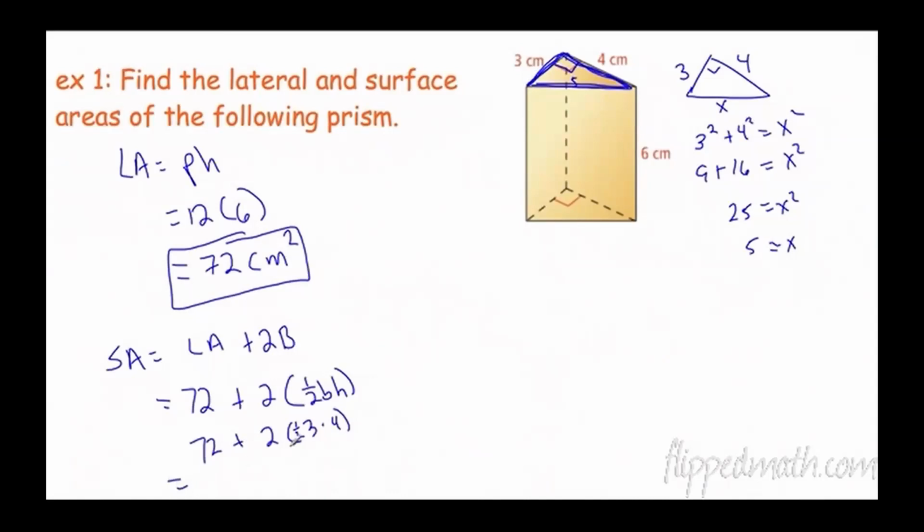Okay, the nice thing about this, 2 times 1/2, that's just gone. 3 times 4 is 12. 72 plus 12 is 84 centimeters squared. All right, so now we have found the lateral area and the surface area of a prism. All right.